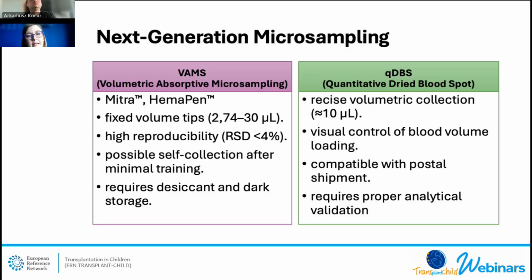The next generation of microsampling has two options. At the beginning, I would like to describe the one which is used in our hospital. It's called volumetric absorptive microsampling. The devices which can be used for that are Mitra and Hemapen, which is under development.